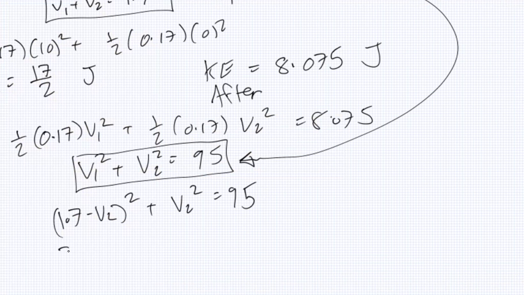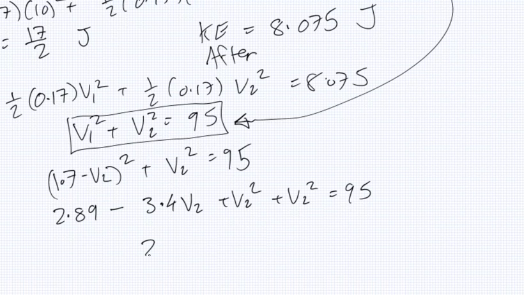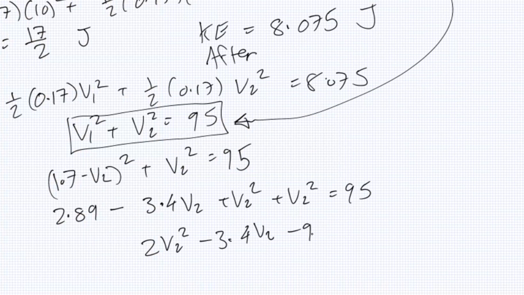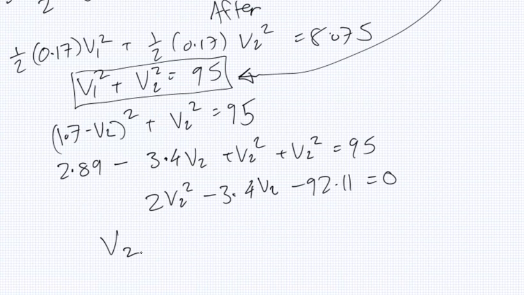So now I have 2.89 minus twice 1.7, so that's 3.4 v2 plus v2 squared plus v2 squared equals 95. So 2 v2 squared minus 3.4 v2, and then 2.89 minus 95, that is minus 92.11 equals 0. So we'll just use the quadratic formula here.